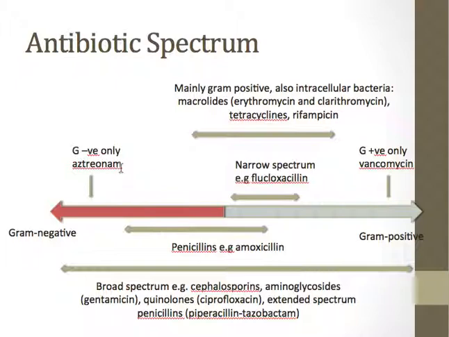And here, aztreonam is a purely gram-negative agent. And then, not on the chart that I showed previously, we have these ones here, which have mainly gram-positive activity with a bit of gram-negative activity, particularly against the intracellular bacteria. And then we have the macrolides, erythromycin and clarithromycin, the tetracyclines and rifampicin.